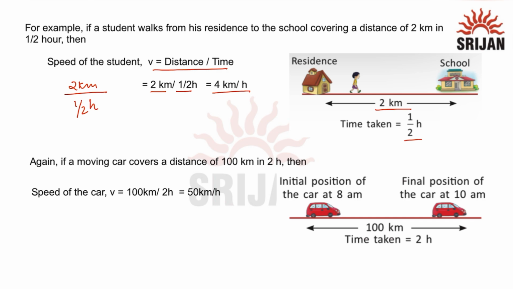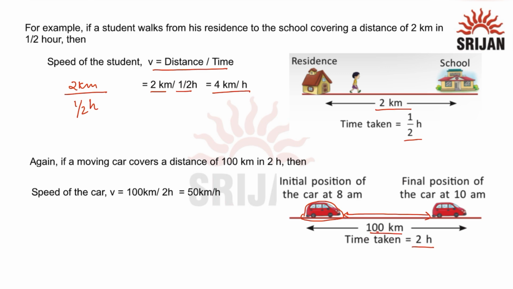Now, in another example, a moving car covers a distance of 100 kilometers in 2 hours. The car's initial position is here at 8 am, and at 10 am its final position is here. It covered this distance. So the car covers 100 kilometers in 2 hours.